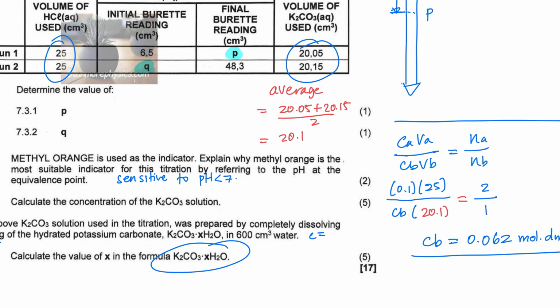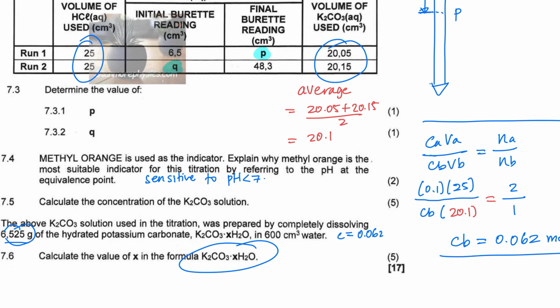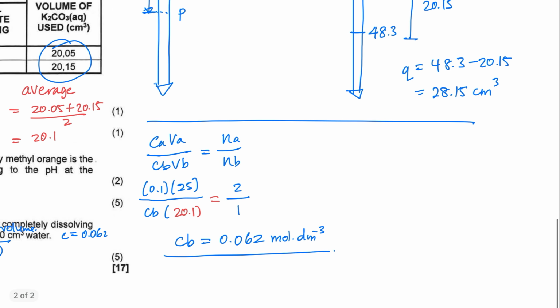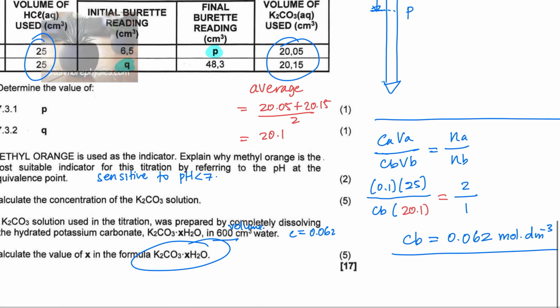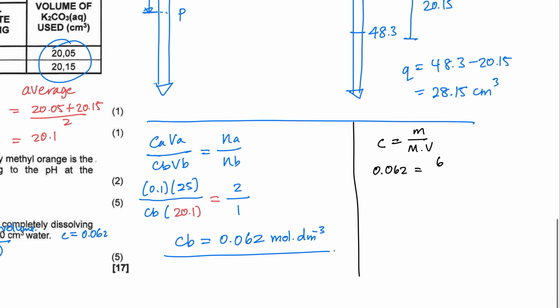So the concentration of this is 0.062. We know the mass, and we also know the volume, so we can work out the molar mass. The formula that we can use is C is equal to m over capital M times V. So the concentration 0.062 is equal to the mass, which was 6.525, divided by the molar mass.